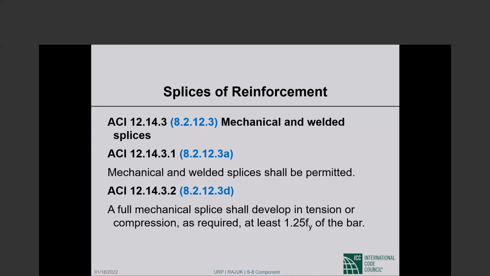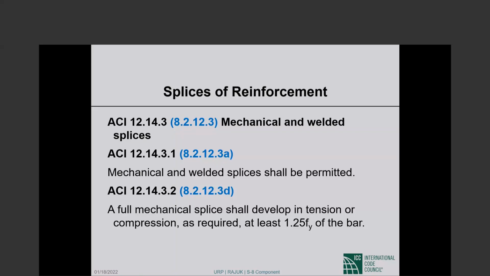Mechanical splices actually are very, very attractive in many situations because the laps can be long for larger bars, which gives you congestion, and placement of concrete becomes difficult. However, mechanical splices are expensive, and they also take up room. Particularly in a congested situation, imagine a column.